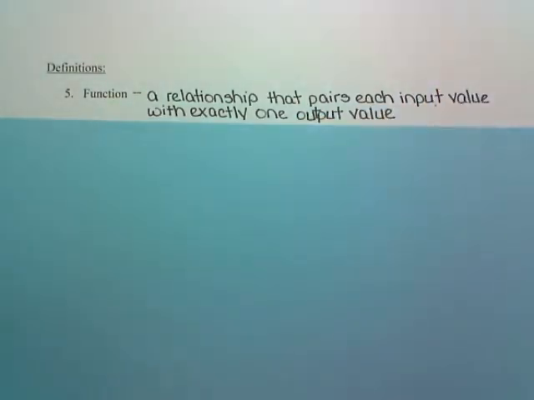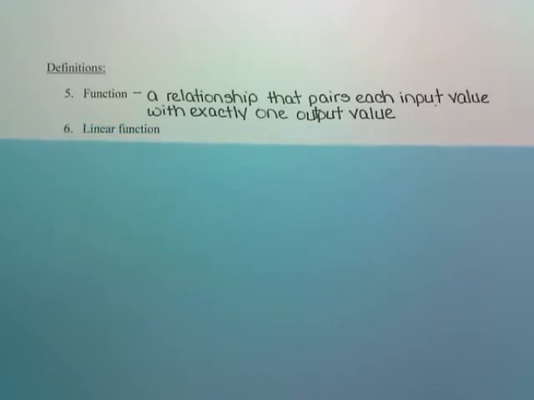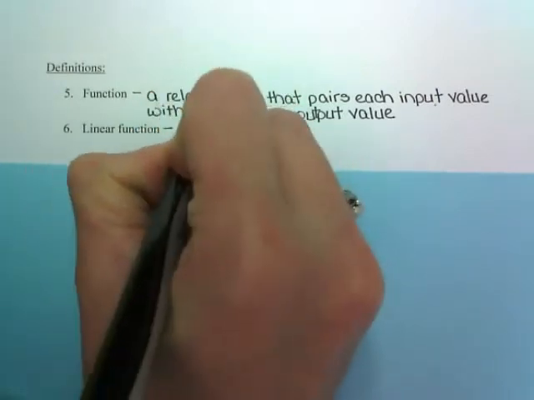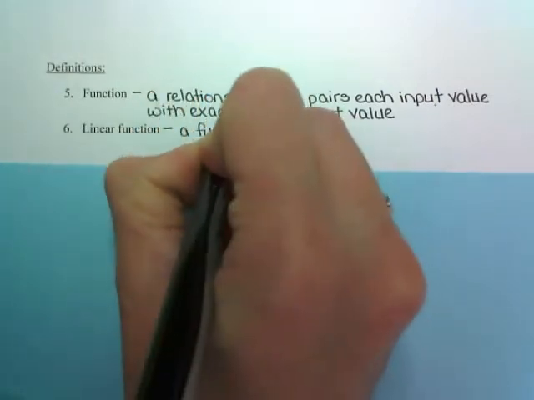Now, exactly one. That means that when you put in your input, whatever you substitute in, you will only get one solution. So putting in one number, you cannot get 2 answers from that one number. To make it a function, it has to have one output. Now, if we talk specifically about a linear function, because there are functions that are nonlinear.